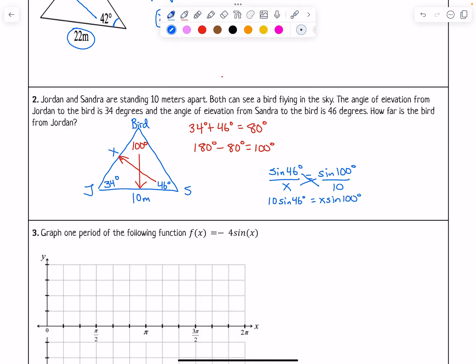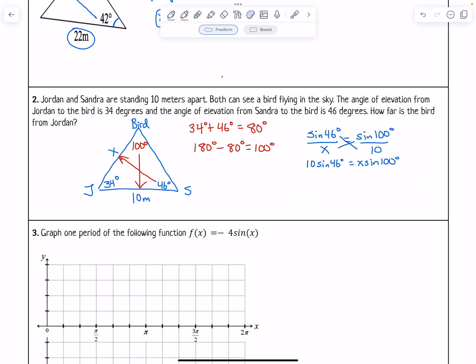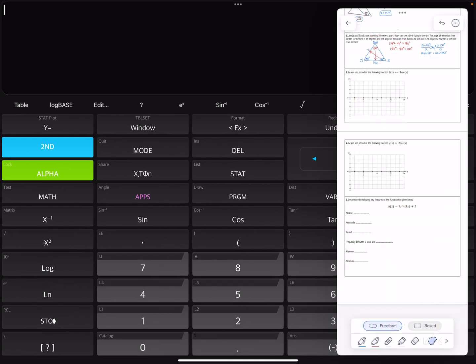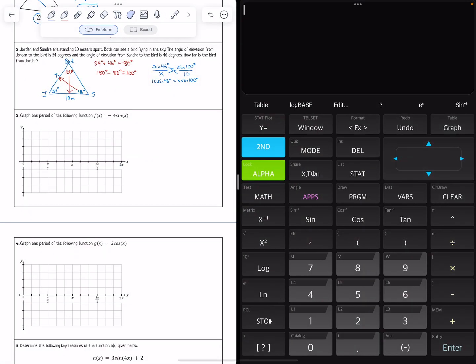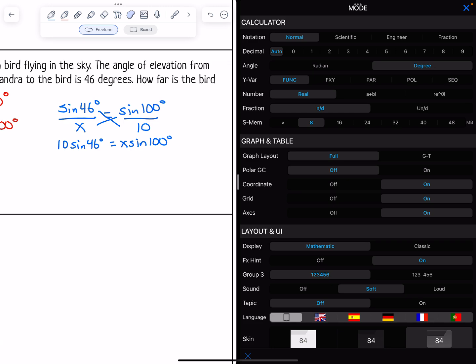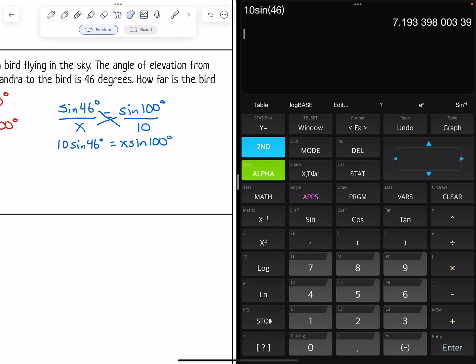And then, let me scoot this over. I'm going to use my calculator to help with the math. So let me bring that up. Let's see. So I need to type in 10 sine of 46. And let's make sure it's in degree mode, which it is. So I get 7.193 for that number. Okay, and then that is equal to x times the sine of 100.